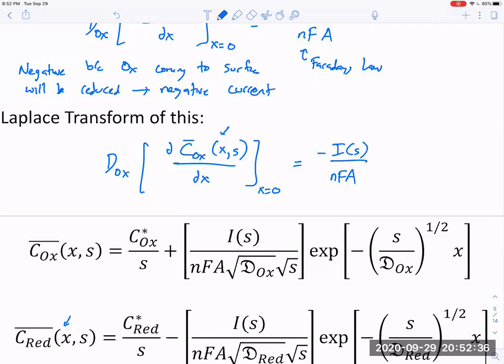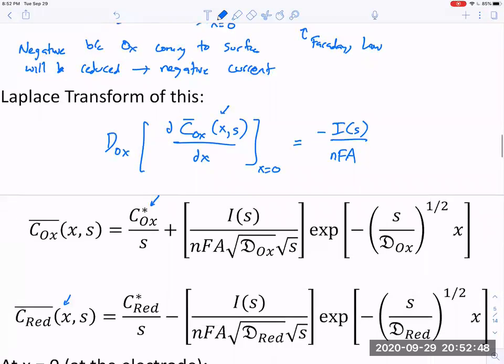And this is what we'll get: a constant, the bulk concentration of the oxidized species over s, at kind of infinite distance away, plus the current as a function of s divided by NFA from this portion. Then we have the square root of the diffusion coefficient of the oxidized species, the square root of s, and the exponential of negative s over the diffusion coefficient to the 1/2 times x, just from taking the integral to solve this equation.